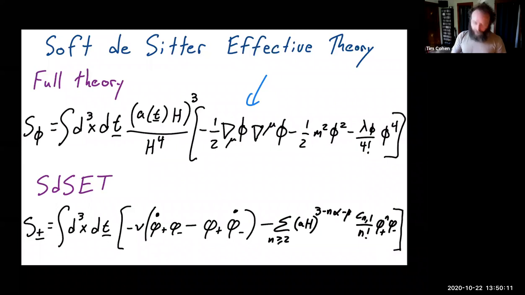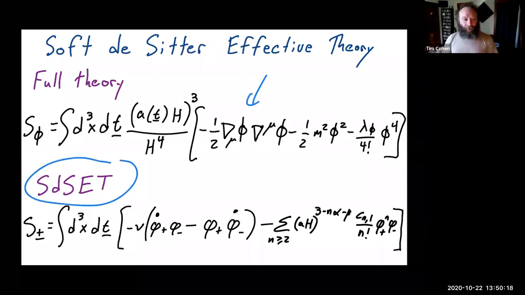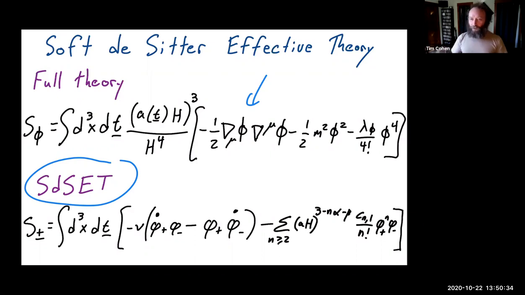And what we're going to find is that we can integrate out the hard mode systematically to arrive at what we call the soft de Sitter effective theory. This name was actually provided by Matt Baumgart and Raman Sundram in a recent paper of theirs that's quite closely related, where they did a beautiful calculation that I would argue is the old-fashioned QCD perturbation theory approach to what we're doing here.